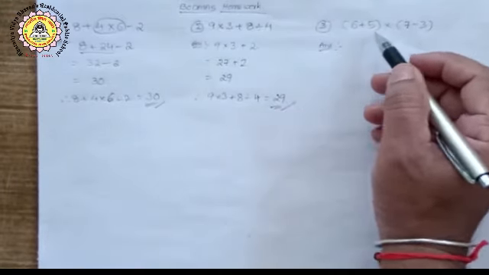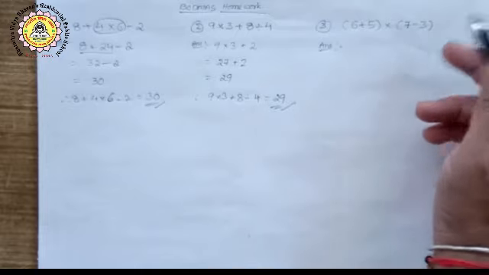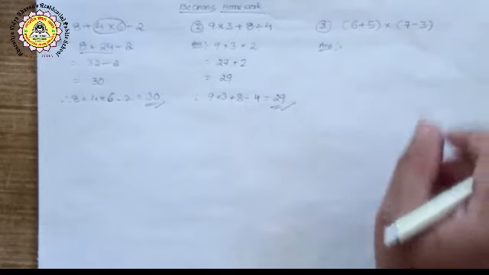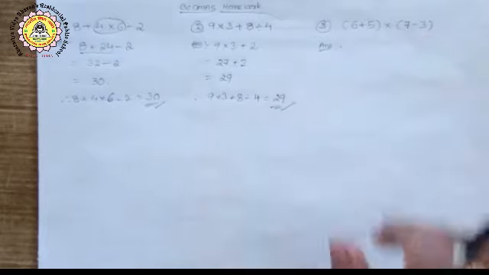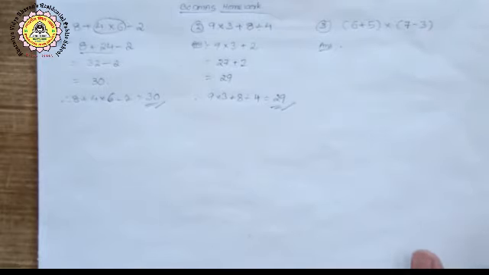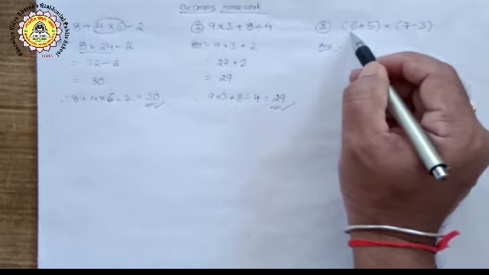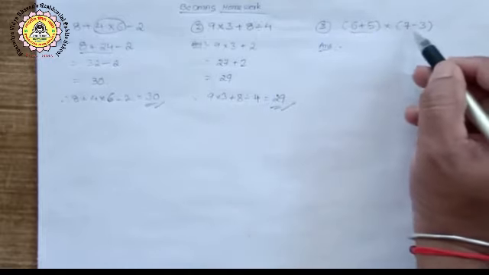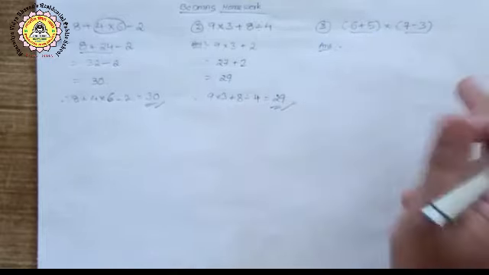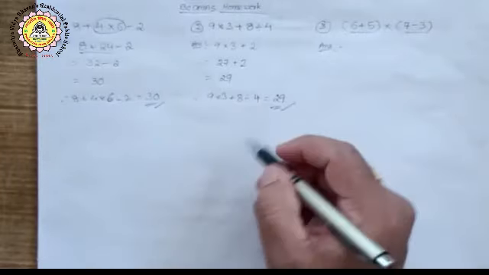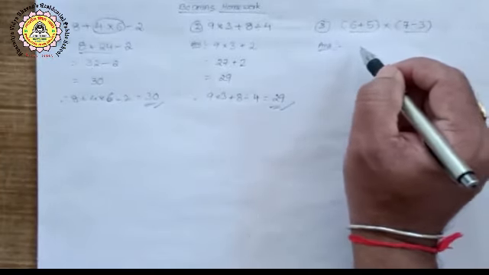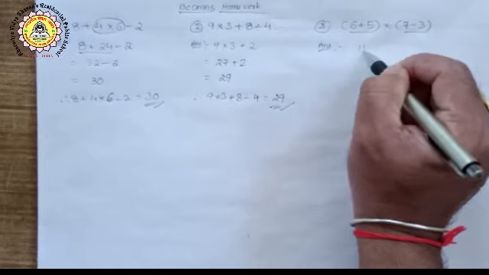This is one term. Into 7 minus 3. This is in another bracket, so this is the second term. So first we have to complete the bracket part. First one 6 plus 5 and here 7 minus 3. These two terms we have to calculate at first. So 6 plus 5, how much? 11.